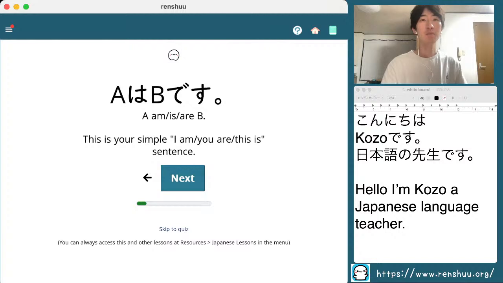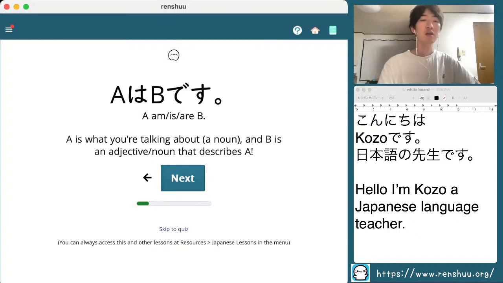A は B です。Can you guys read hiragana? A is what you're talking about, a noun, and B is an adjective or noun that describes A. Yeah, you have to put a noun in the position of A, like table, smartphone, anything.